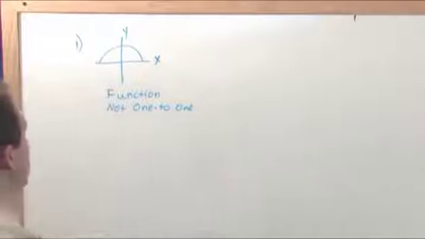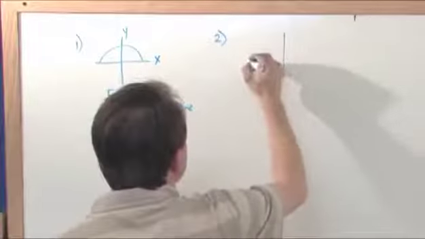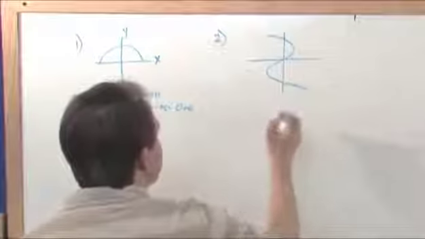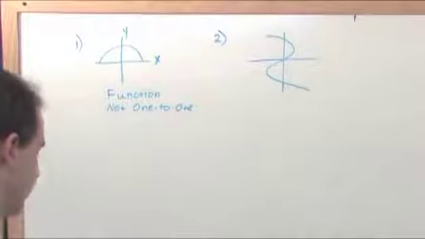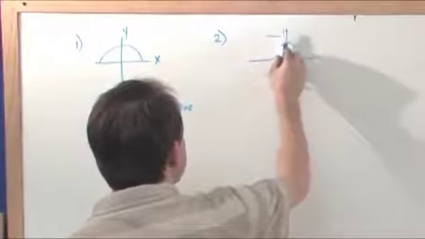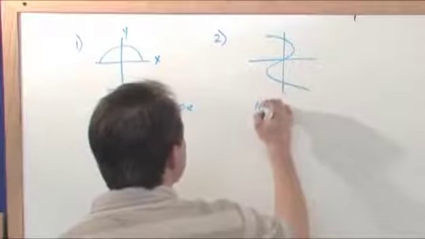Okay. Next problem is, what if I had something like this? Is this a function and is it one-to-one? Use your vertical line test, and you can see right away it crosses in more than one place, so you would say this is not a function at all.